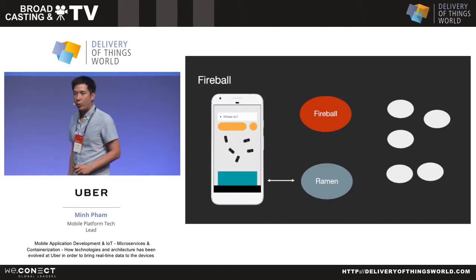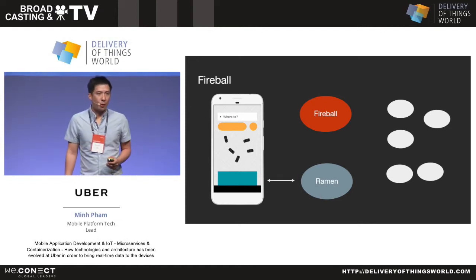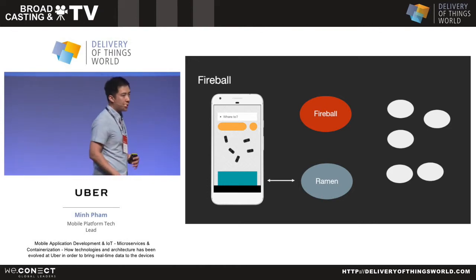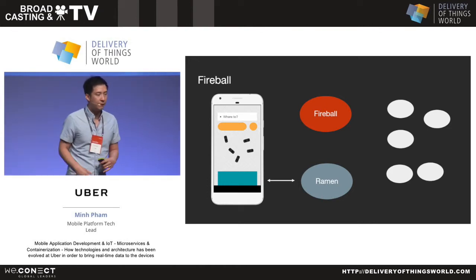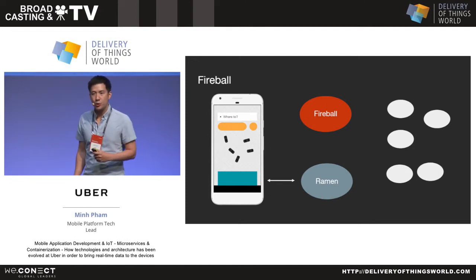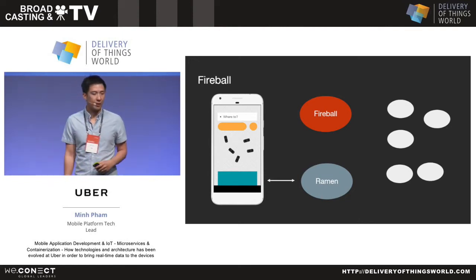Because of that, we developed another service called Fireball. Fireball is a bridge between the pull world and the push world. All the backend services can still live in the pull model, but Ramen can live in the push model, and Fireball in between understands both.